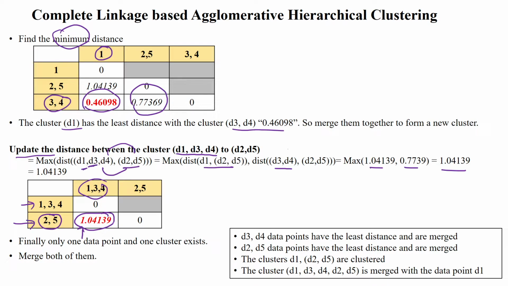Now after updating, we have only two clusters. One cluster has 2 comma 5, and the other cluster has three data points: 1 3 4. Then we can merge them together like this. After merging, there is no data left, so all the data points are clustered.